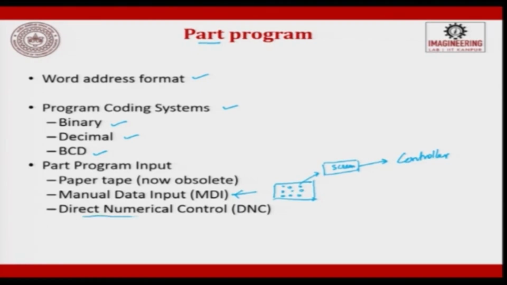And then we saw direct numerical control. So, these are the part program inputs today. The word address formats are G, M, T, S, F, N. All these are word address formats used in part programming.